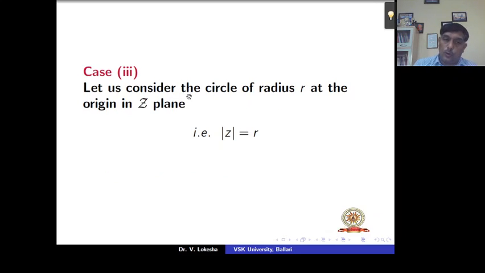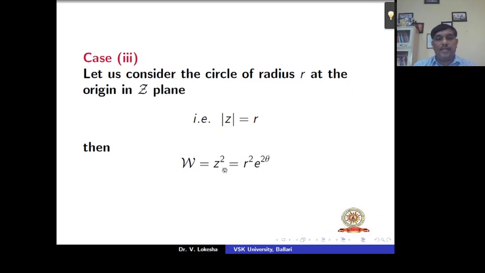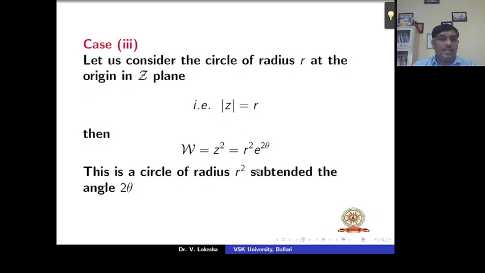Let's consider one more case. Let us consider a circle of radius r at the origin in the z plane. That means mod z is equal to r, centered at the origin with radius r. Then w is equal to z square, which is r square e power 2 theta. This is a circle of radius r square subtended at an angle 2 theta.